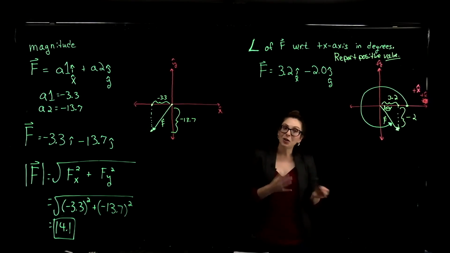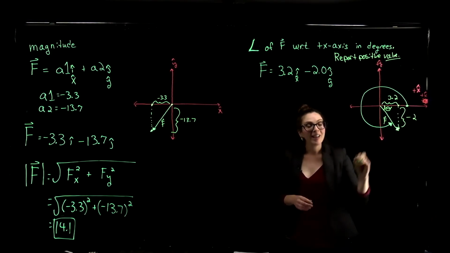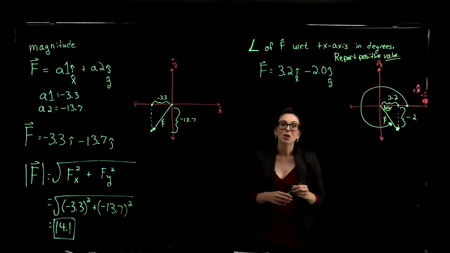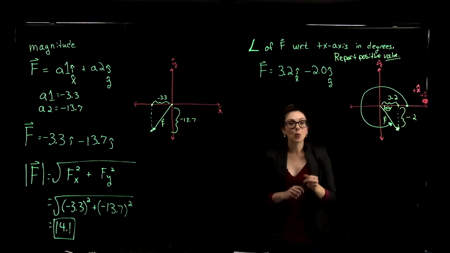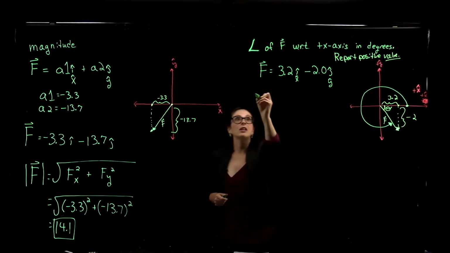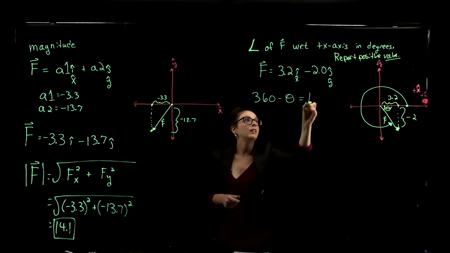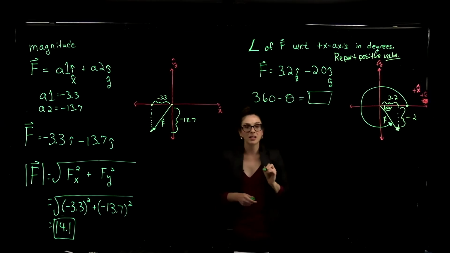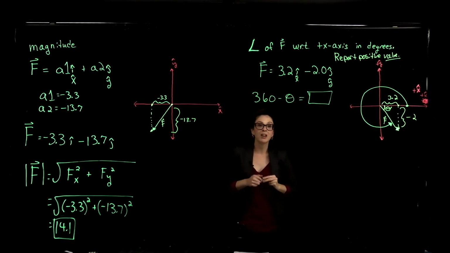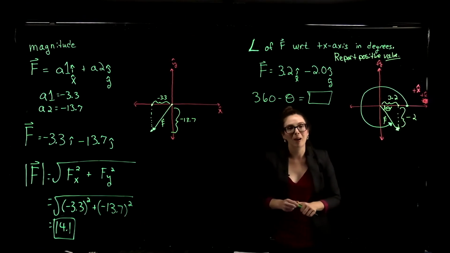What we can do is find what this little angle in here is and subtract it from 360. You're going to figure out what this angle theta is, then take 360 minus that angle, and that is what you're going to report in Canvas, because that's this angle that we're talking about right here.